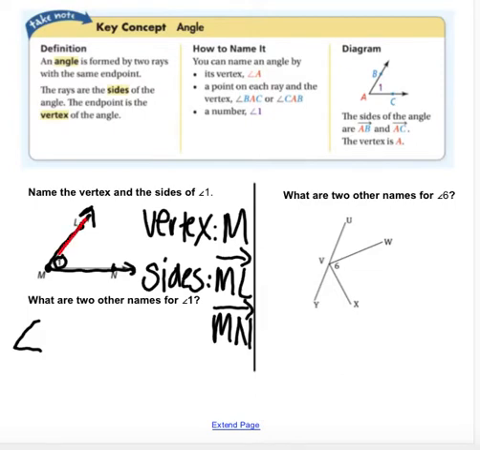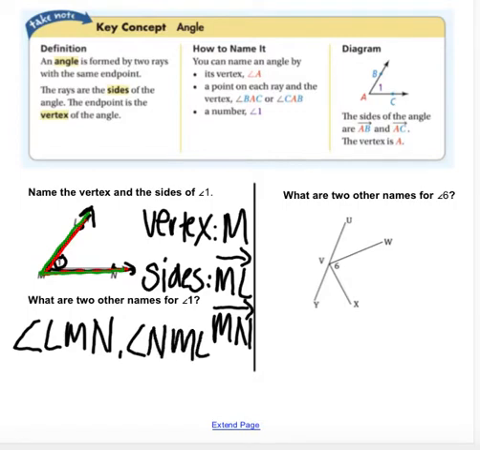I can go L, M, N. I can write that one down, making sure our vertex is in the middle, L, M, N. Could also go the other way and go N, M, L, just making sure that vertex is in the middle. Now when I only have the one angle like I do here, I can just call it angle M, naming it by our vertex.